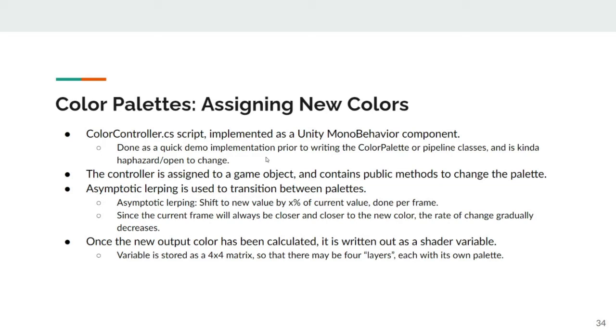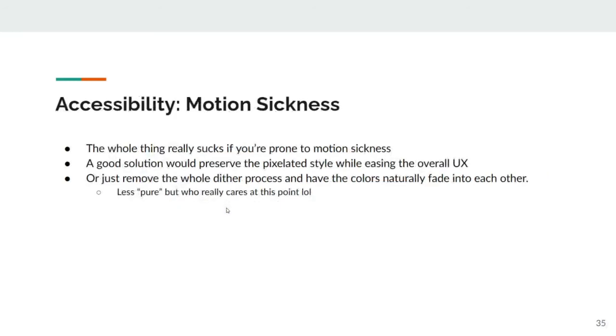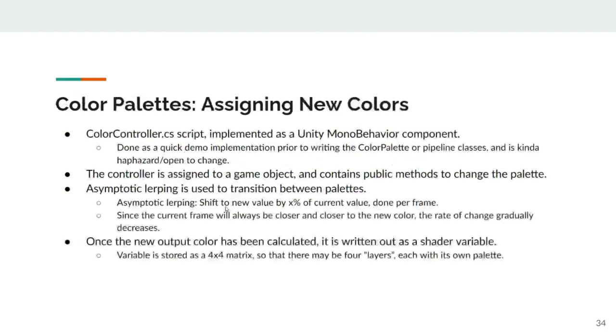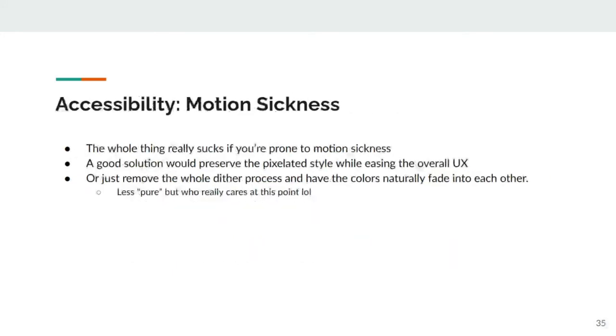But it's just a way to hook things together. Controller gets assigned to a game object, not a GameStop, and then it changes the palette from there. And there's a little bit more to it than this, but I'll get to that in a slide or two.